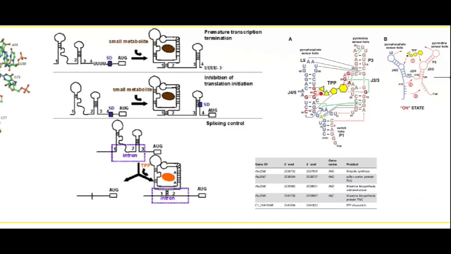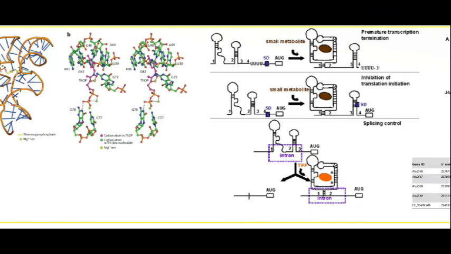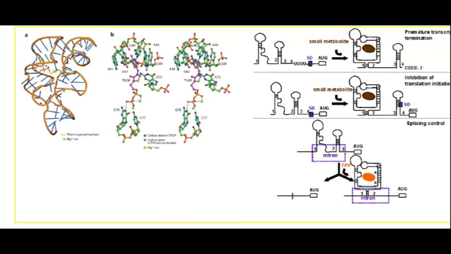Yeah, I didn't get into this very much. I'm going to quickly go through it. So this is what's called a riboswitch, and this is just a way to regulate an enzymatic pathway or protein pathway.